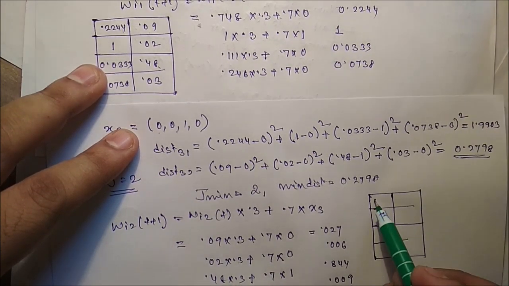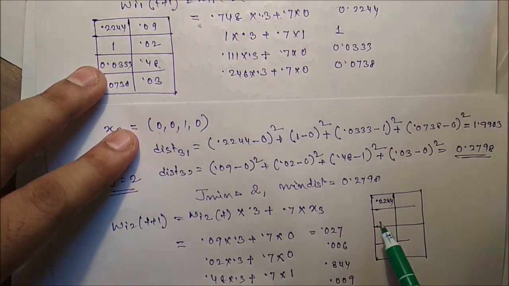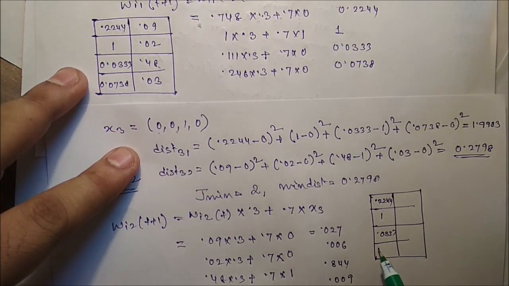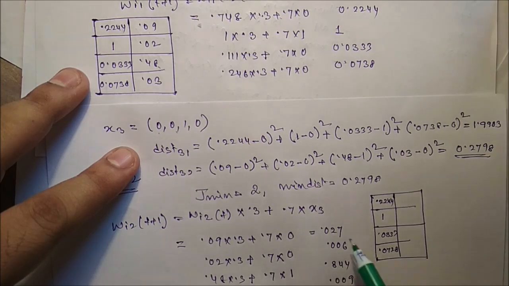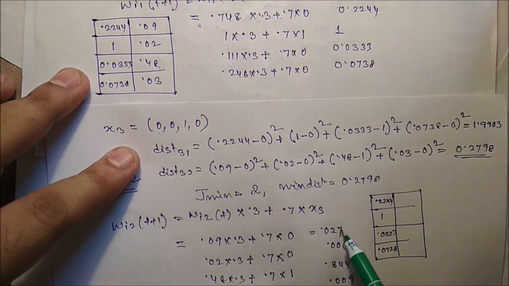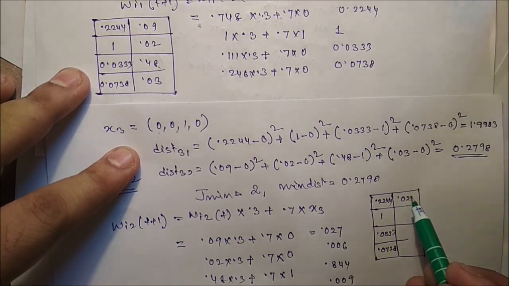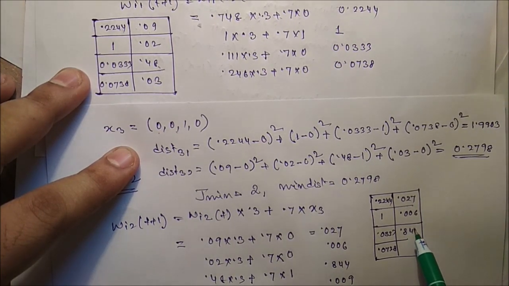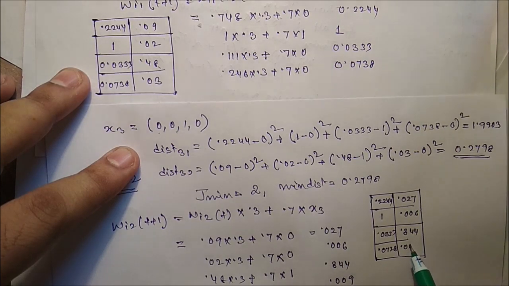So first column is what? 0.2244, 0.0333, 0.0738, and updated weight of the second cluster 0.027, 0.006, 0.844, and 0.009.